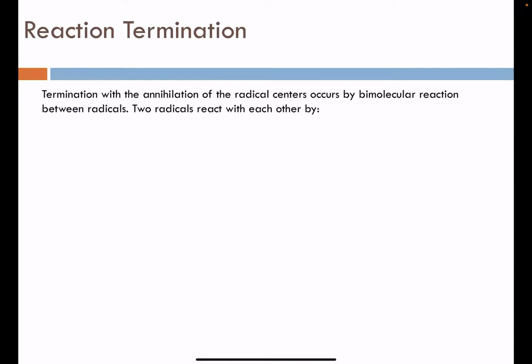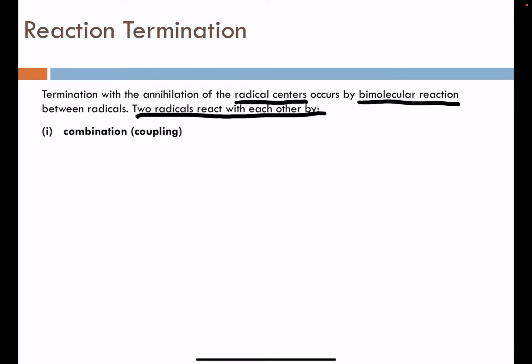Okay, reaction termination. So termination has to annihilate radical centers. We have to eliminate those radicals, and we're going to need bimolecular reactions for that. So in short, we're going to need two radicals to react with one another by one of two options. The first is going to be coupling.